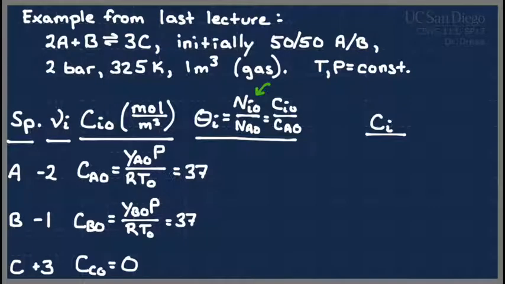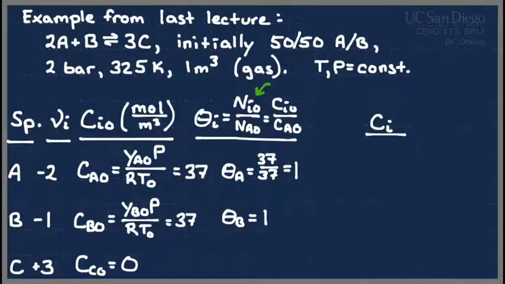So that particular column is usually pretty easy. So the theta of A, if you ever need theta A, in this particular case, it's 37 over 37. Which is just 1.